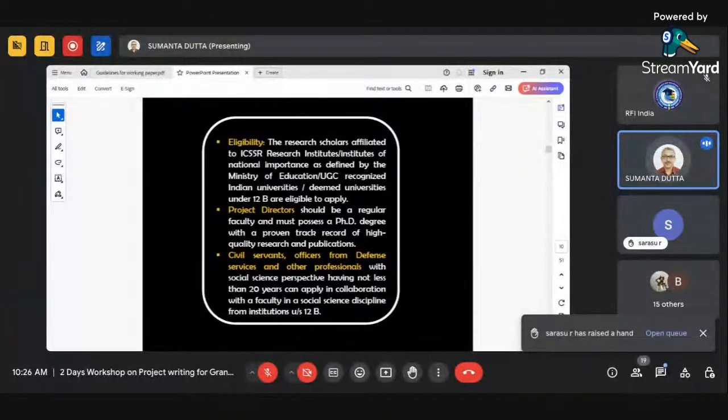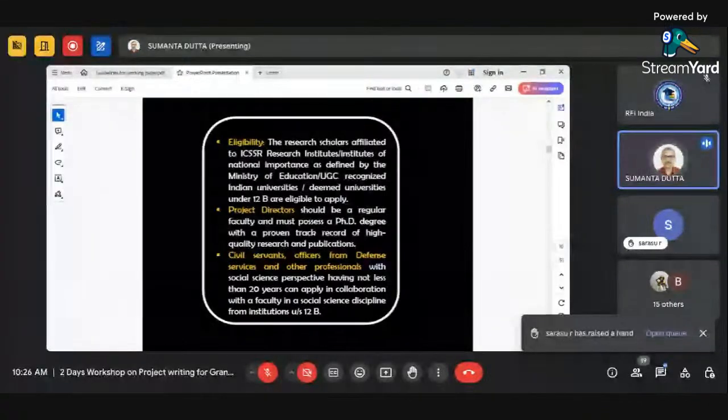So all the faculty members of an autonomous college or affiliated college under a particular university where they have 2F and 12B, or any deemed university that falls within the purview of 12B, can apply for it.